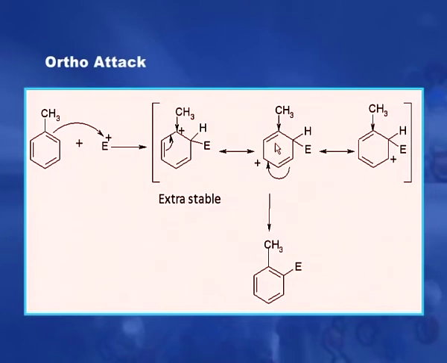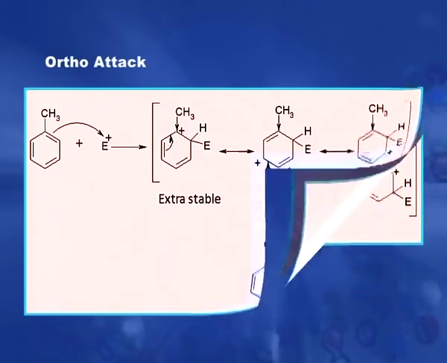Now, these two are also contributing, but this is the most stable. So, the contribution of this resonating structure is more towards resonance. So, that gives extra stability to the benzenonium ion. So, that is why the intermediate gets stabilized and finally we get the product.